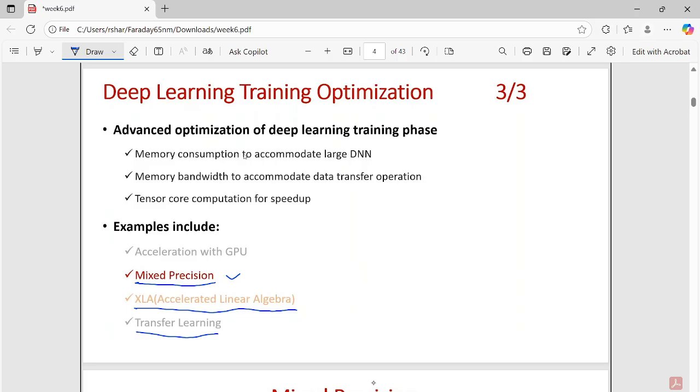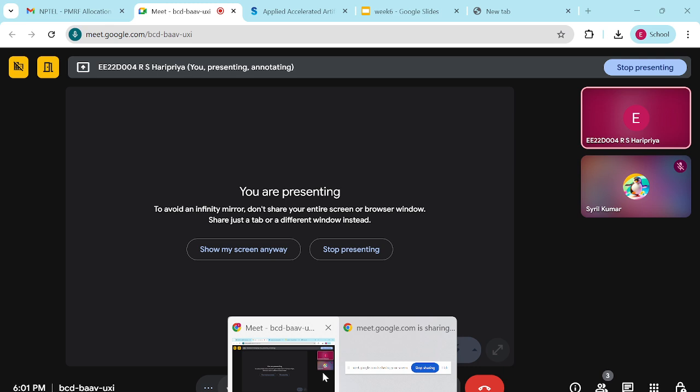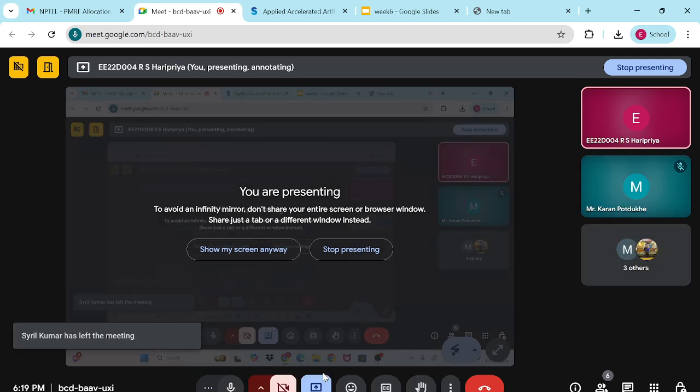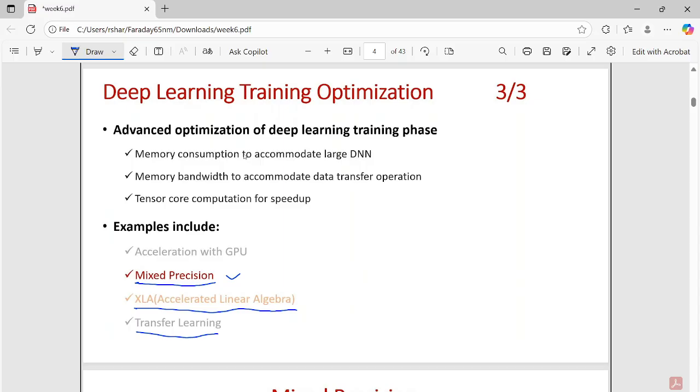What we do is either freeze the earlier layers and only train the last layer on the task, or fine tune the entire model on the specific dataset. Using transfer learning, we can save training time and work well when we have limited data for the task, and it often achieves better performance than training from scratch.